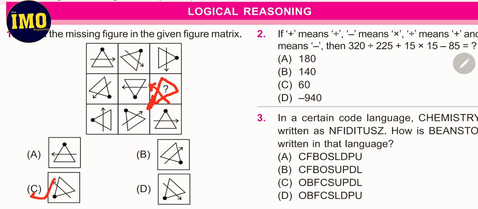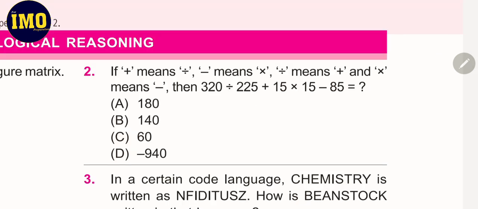Okay, now come to the next question. In this question they change the symbols. For example, addition means division, minus means multiplication, division means addition, and multiplication means minus. We don't need to use so much brain here, just use the symbols as they say. There is a division, so you replace it by plus.